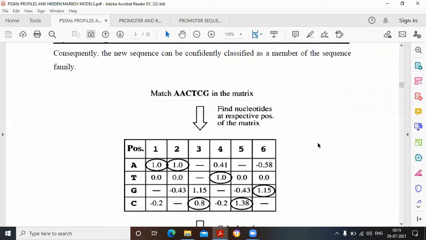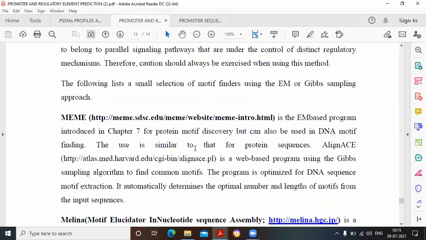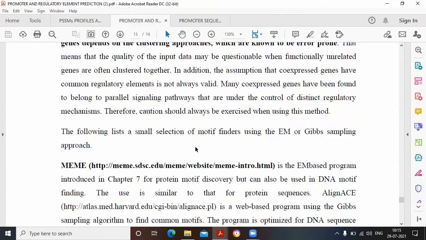So you keep that data in mind and continue your experiment in the wet lab. That's why promoter element finding actually depends completely on the wet lab experiment itself. Though we have tried to optimize the in silico method, finally it is only a prediction, so we depend on the wet lab experiment.